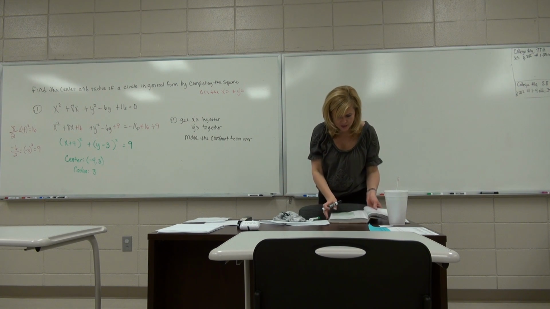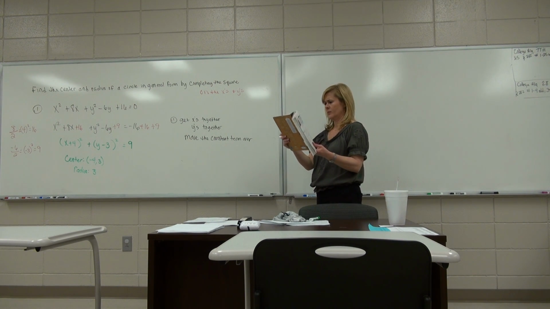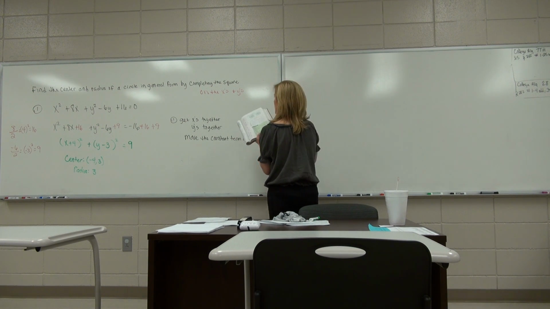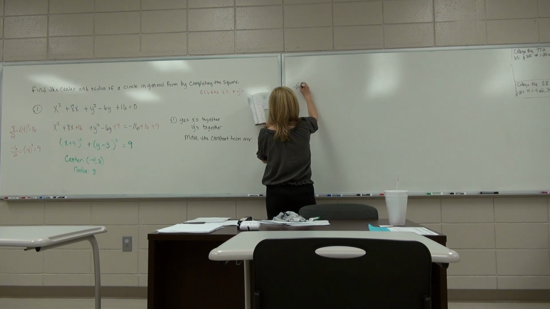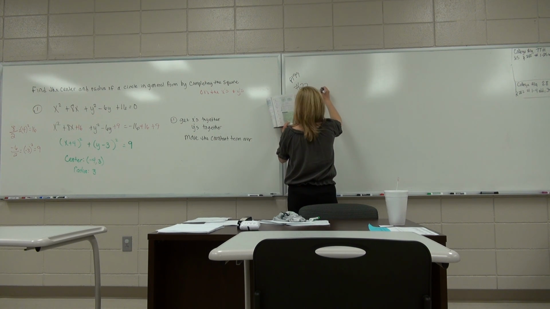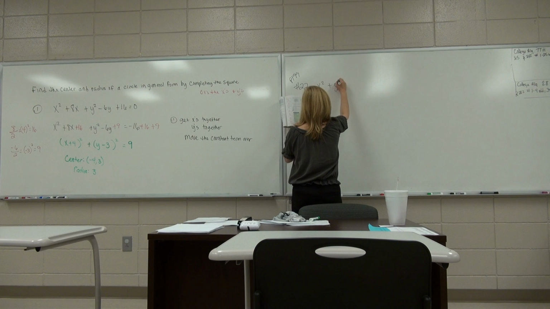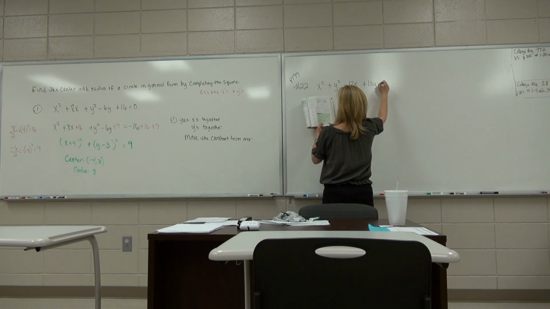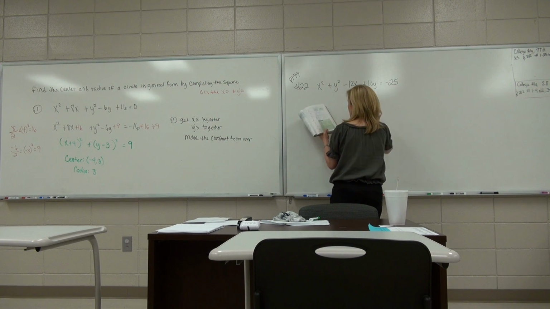Alright, next, let's do number 22 here in your book, on page 199. You're given x squared plus y squared minus 12x plus 10y is equal to negative 25.